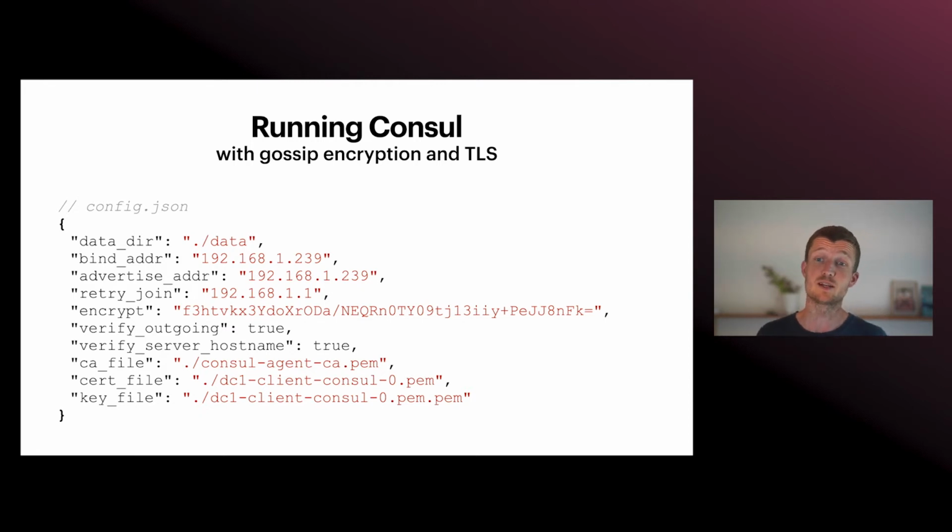Verify server hostname is also a very important option. It makes the client verify that it's actually talking to an authorized server, so to speak. So you should definitely have that as well. At this point, every communication layer is encrypted, so that's great. Gossip encryption and TLS, that's absolutely great to have.